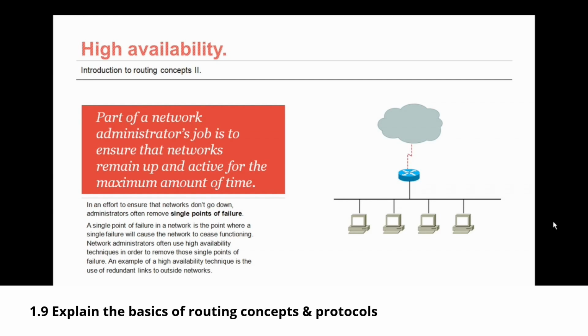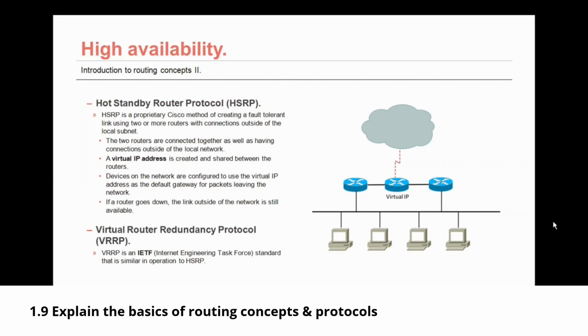Network administrators often use high availability techniques in order to remove those single points of failure. An example of a high availability technique is the use of redundant links to outside networks. Hot Standby Router Protocol, HSRP, is a specific example of a high availability technique.